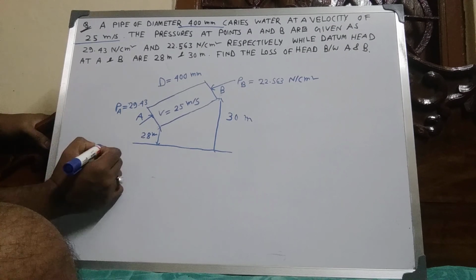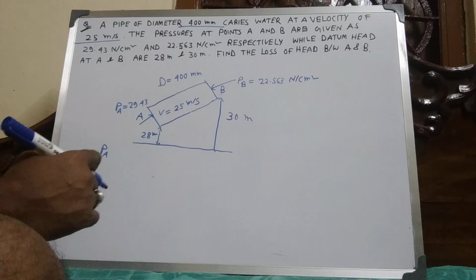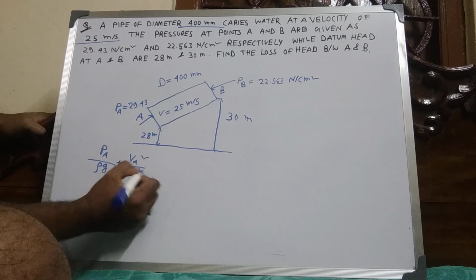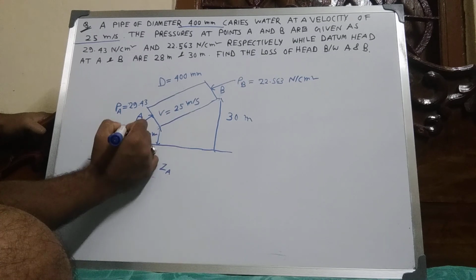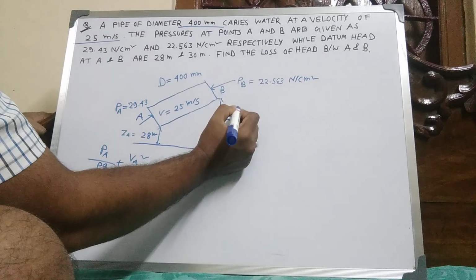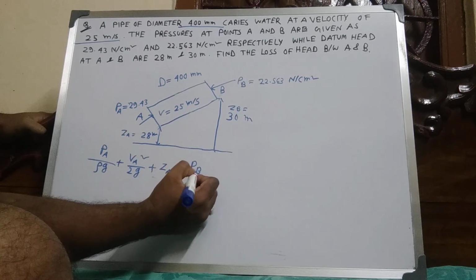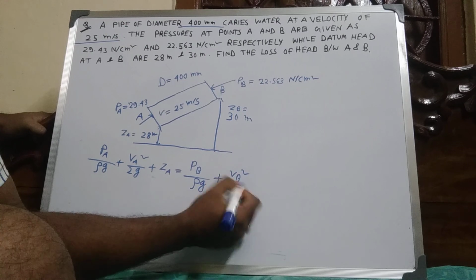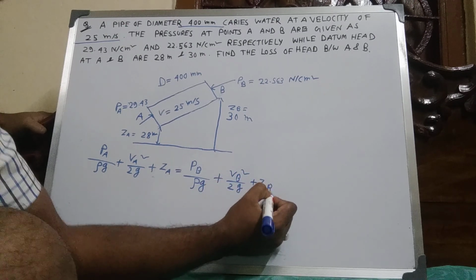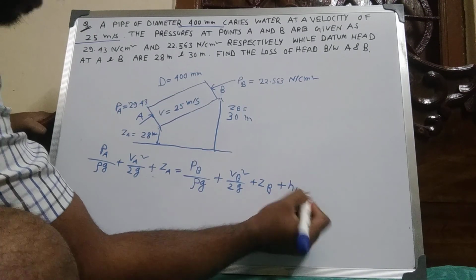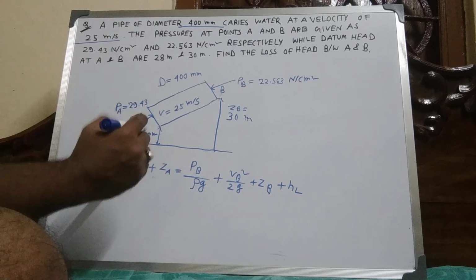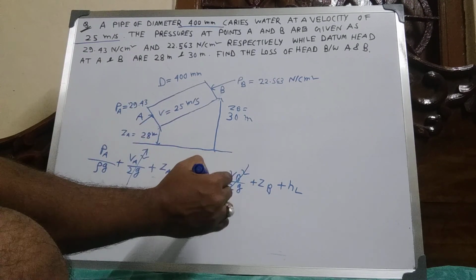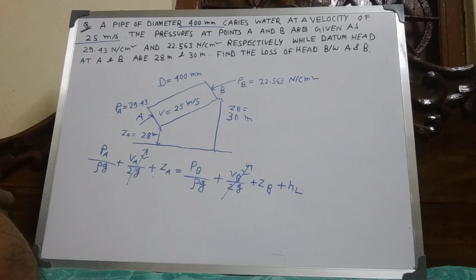Now apply Bernoulli's equation. The flow is from point A to point B, so PA by rho g plus VA square by 2g plus ZA equal to PB by rho g plus VB square by 2g plus ZB plus HL. This is Bernoulli's equation for real fluid, and HL is the loss of head between A and B. Velocity is constant, uniform, so those terms cancel out.